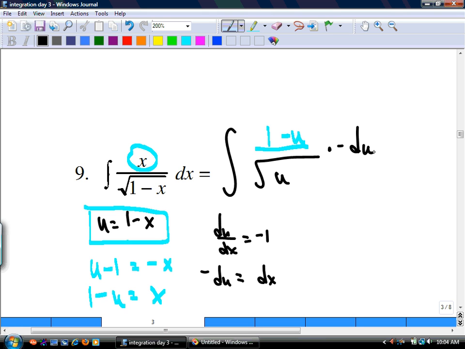So you've changed it from an easy antiderivative to, sorry, from a not easy antiderivative to another not easy antiderivative. Right?